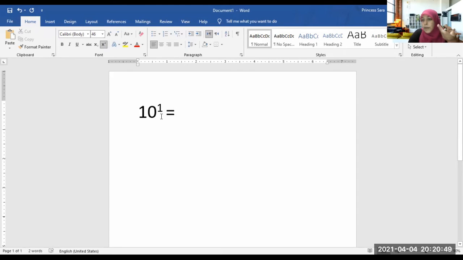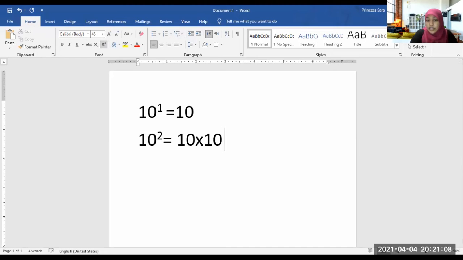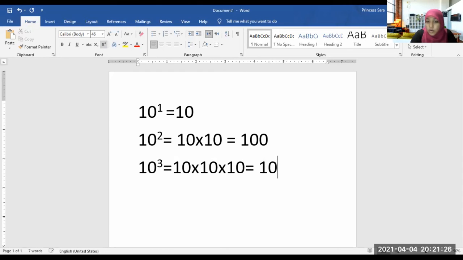So when you multiply 10 1 time, it is 10, right? 10 to the power 2 means you should multiply 10 2 times. That means 10 into 10. So how much? It is equal to 100. 10 to the power 3 means you should multiply the 10 3 times. 3 tens. 10 into 10 into 10. It is equal to 1000.